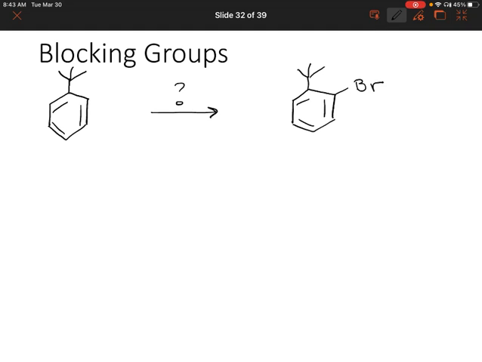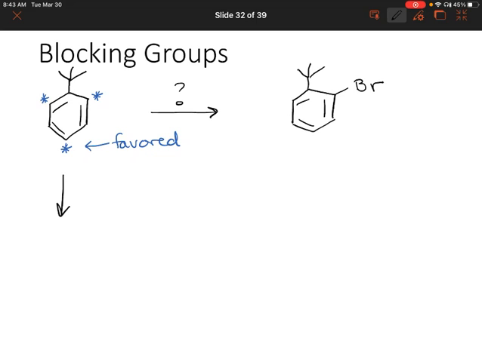So one way we can do this is by blocking the para position. Now, typically, the para position would be the favored position because we just saw that due to sterics, bromine would prefer to be in a more open area, right? Kind of away from the tert-butyl group. So we do want to try to block that spot since it is the favored spot and just form the ortho product.